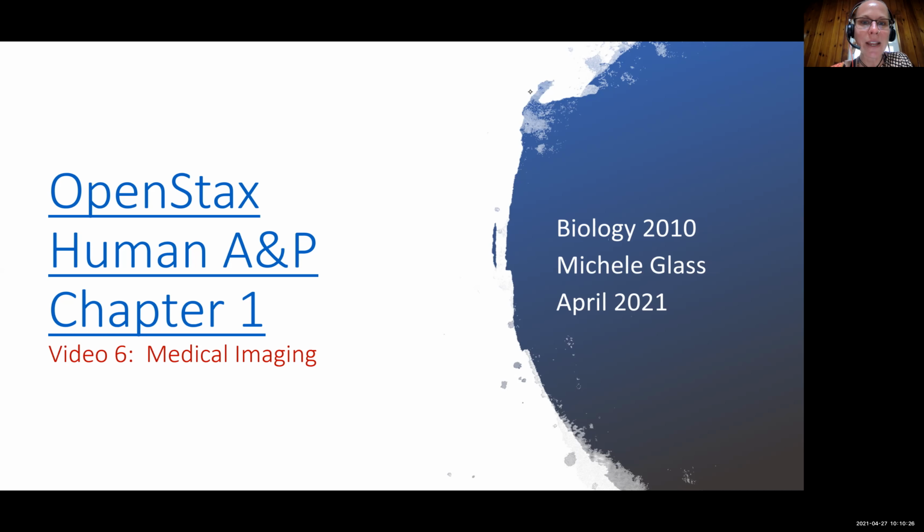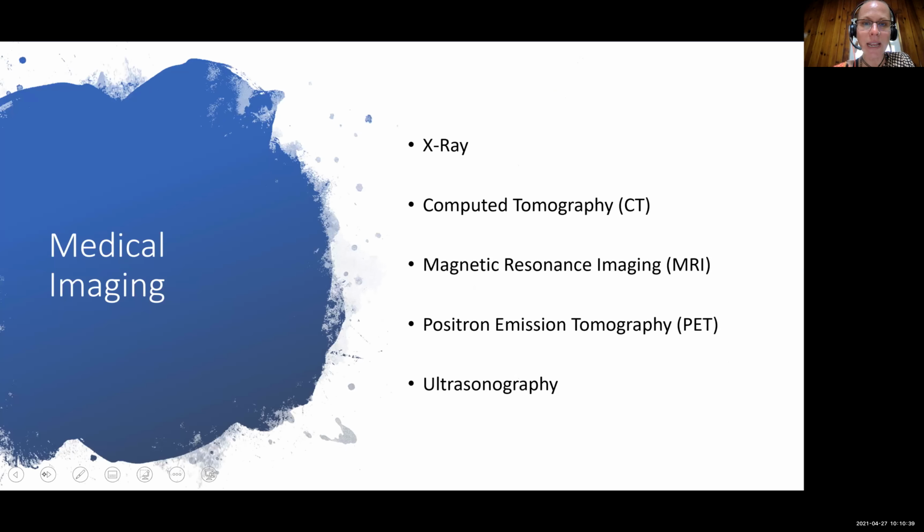And then anatomical studies progressed as we began to use cadavers for dissection and really learn that way. And now we're able to see the human body through these different medical imaging techniques.